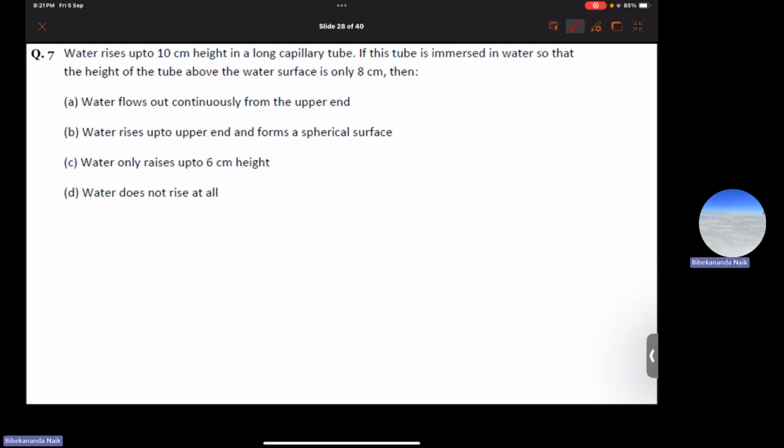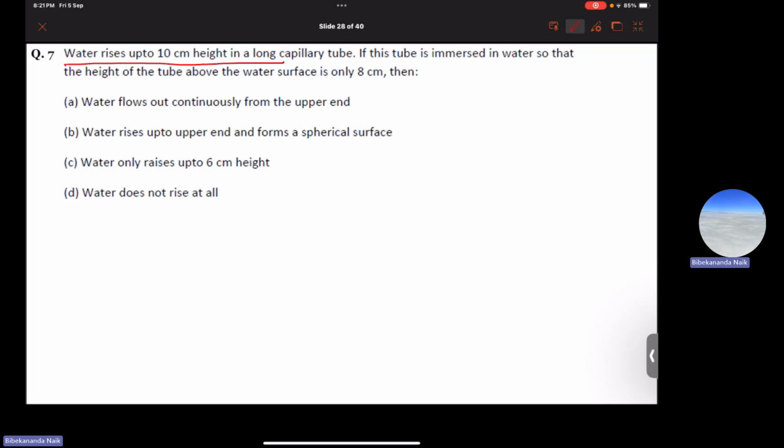So we know in the case of a long capillary tube, the water rises up to 10 centimeter height. If the capillary tube is placed such that only 8 centimeter of the tube is above the liquid level, then what will happen? Since 10 centimeter of water was rising, and now it is 8 centimeter, will the water overflow?